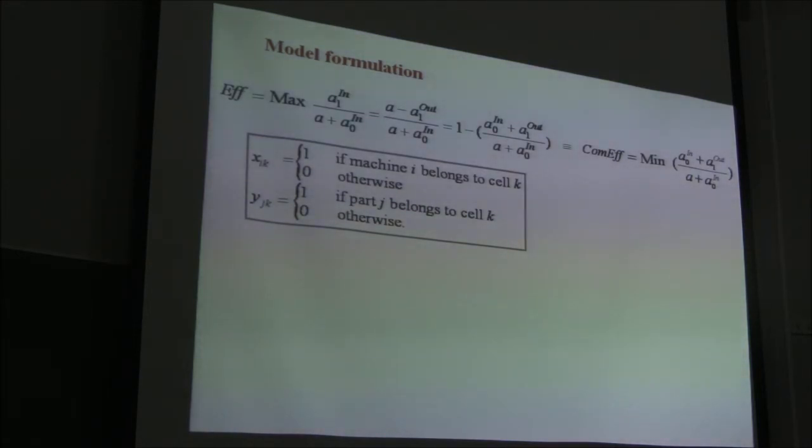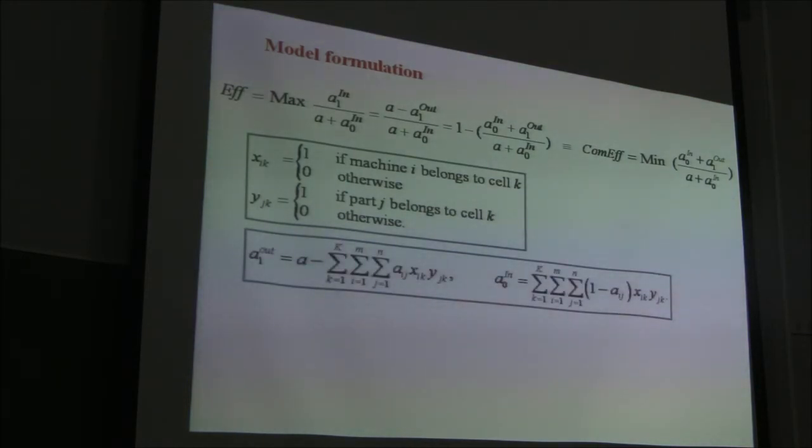It's equal to 1 if the part belongs to the cell. Good. So it's easy to specify the number of 1 out, as this difference, where you use x_ik and y_jk to specify the quantity.